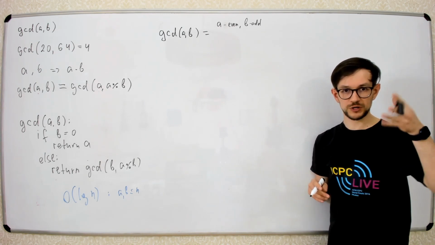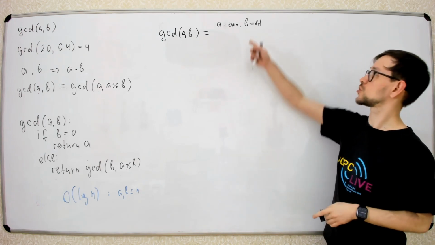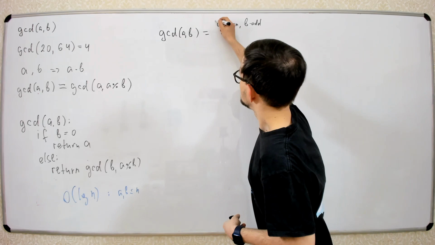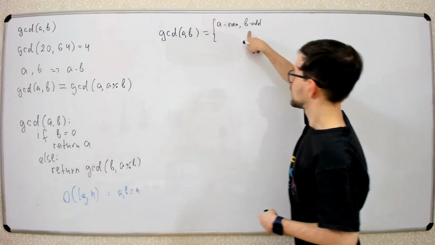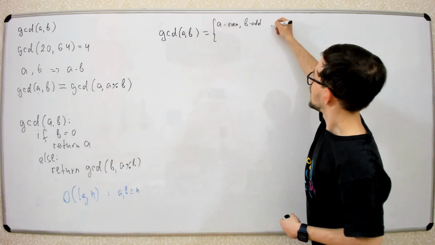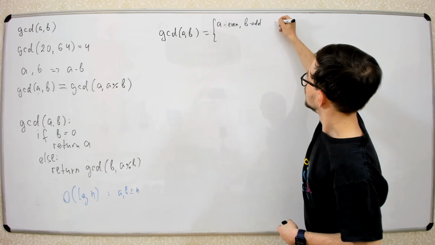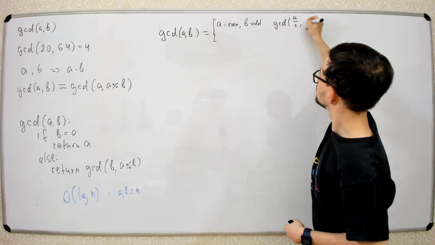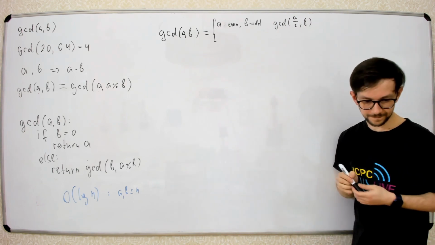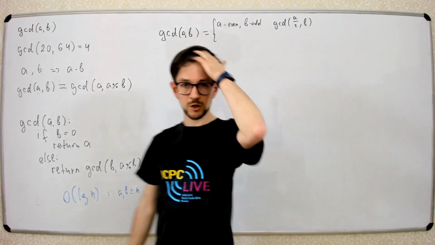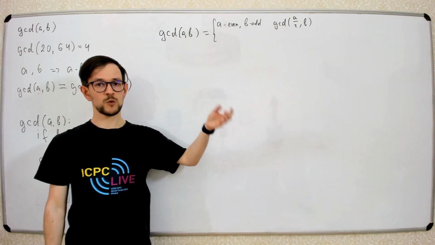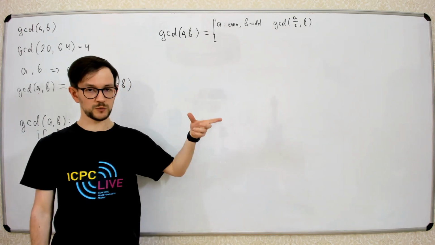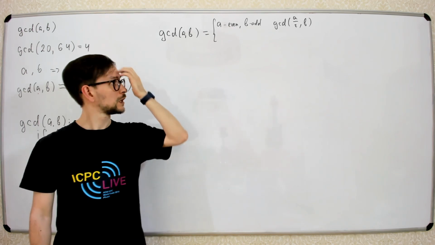So 2 is not a divisor of B. The greatest common divisor of A and B will be the same as GCD of A over 2 and B. Since 2 is not a divisor of B, we can divide A by 2, and the result will still be the same.